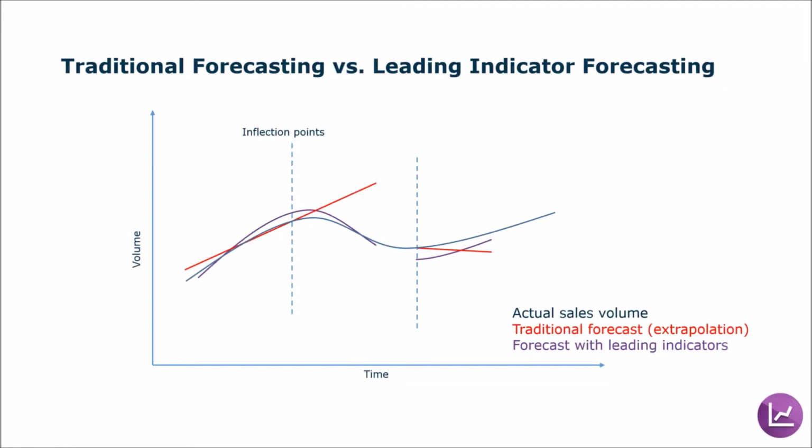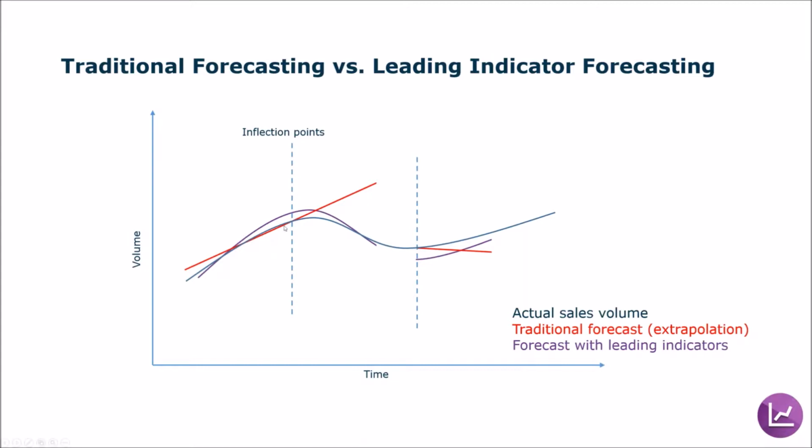So the basic thing we try to do differently is the following. In this sales, the black line, you see there is at some point in time an upward trend, then it's declining, then it's getting upward again. So there are so-called turning points or inflection points. There is a first inflection point at the first dashed line, and a second inflection point at the second dashed line. The problem with traditional statistical techniques is that they simply extrapolate.